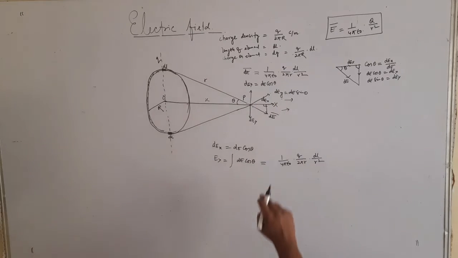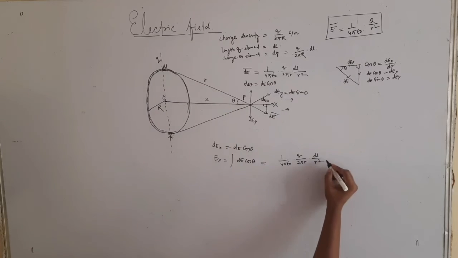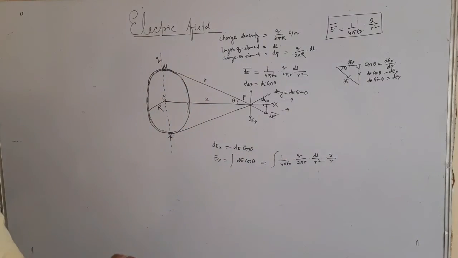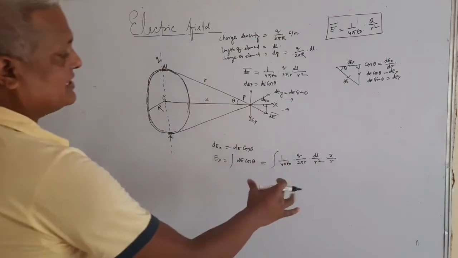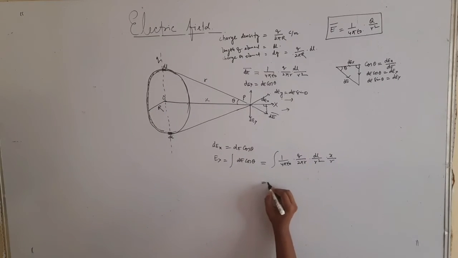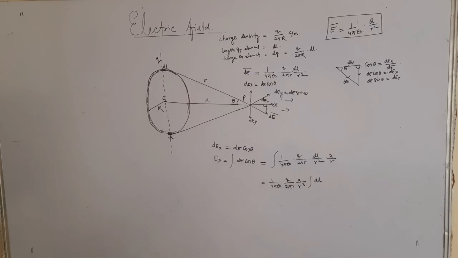This is my dE part, and cos theta for this is adjacent upon hypotenuse, so that is x upon r. Now since we are trying to find the elemental form, I'll take all these constant terms outside, leaving only the elemental differential part inside. So this will become 1 by 4 pi epsilon naught q over 2 pi r into x upon r cube and dl.